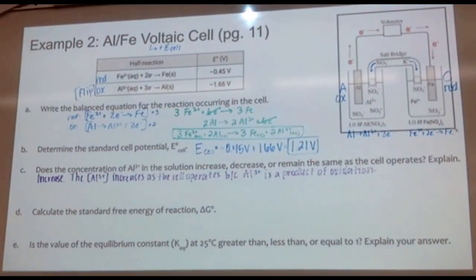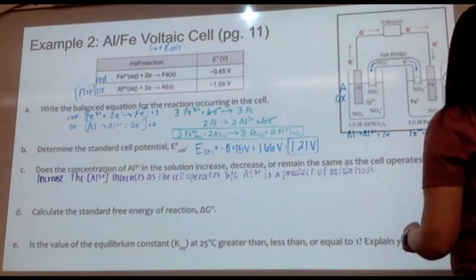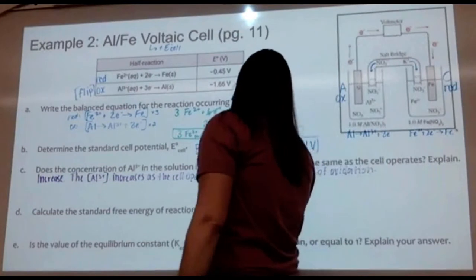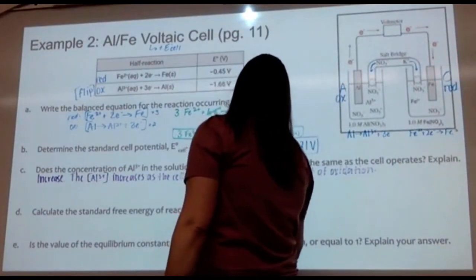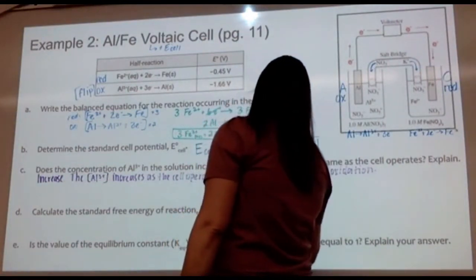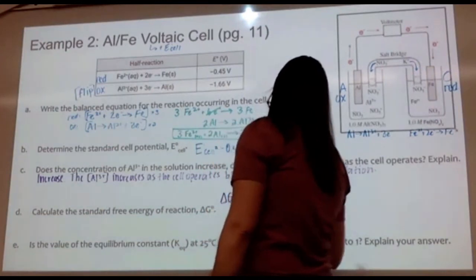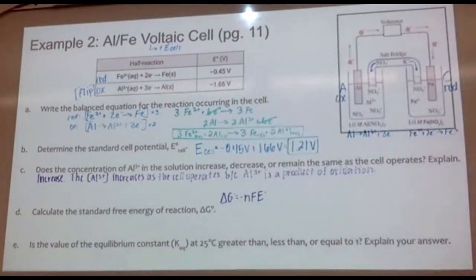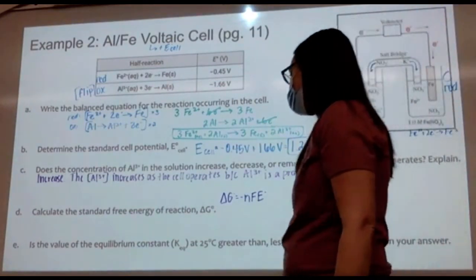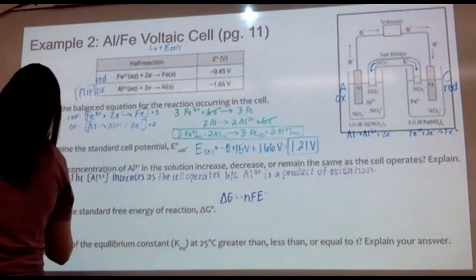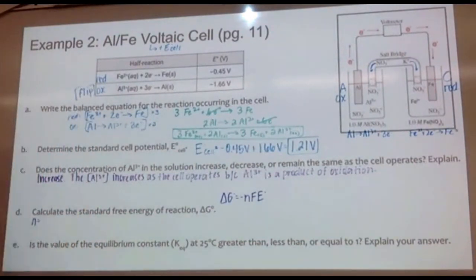Now, part D, calculate the standard free energy of reaction, delta G. Okay, well, again, this equation is on your equation sheet. Delta G is negative N times F times E naught. I always recommend labeling your variables. So I'll just label them over here off to the side. N is your number of electrons that were transferred.